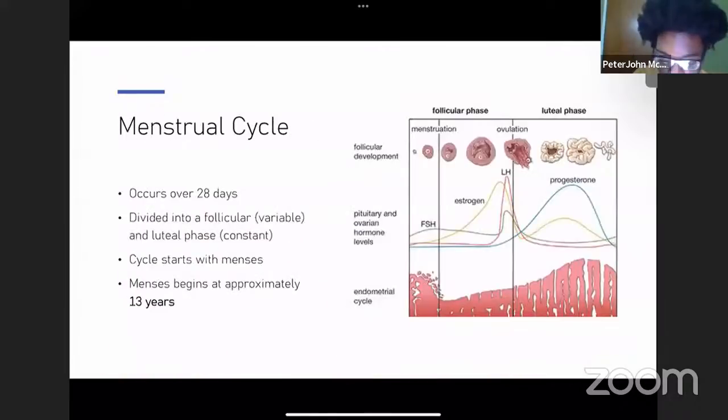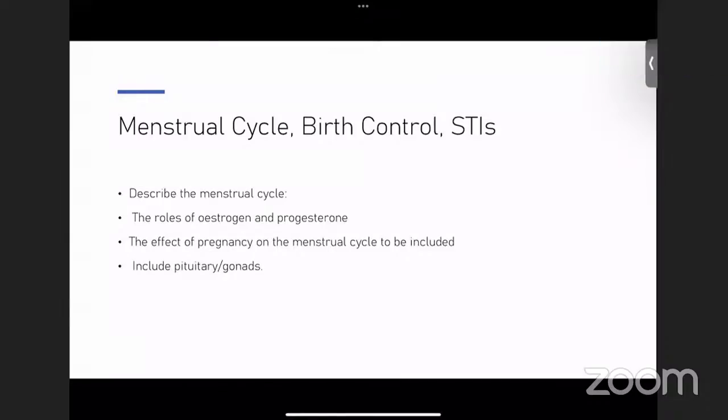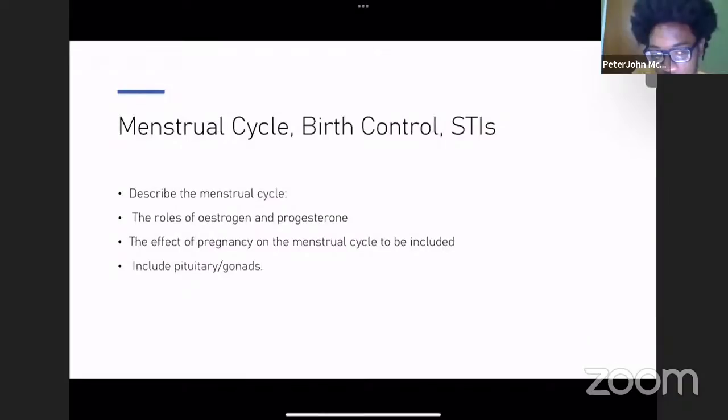So let's talk about the menstrual cycle. How many days does a menstrual cycle occur over? 28. What day is ovulation typically? What are the two phases of the menstrual cycle?